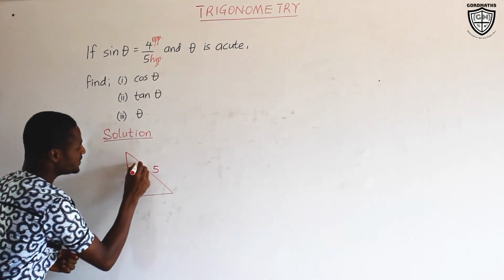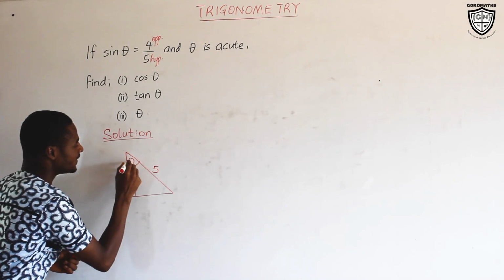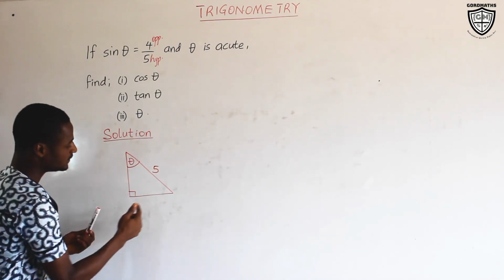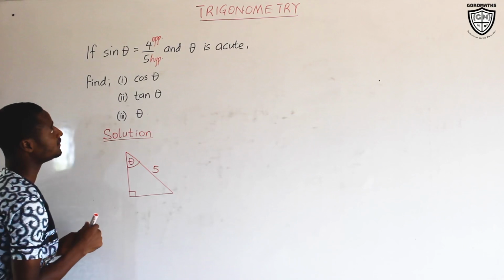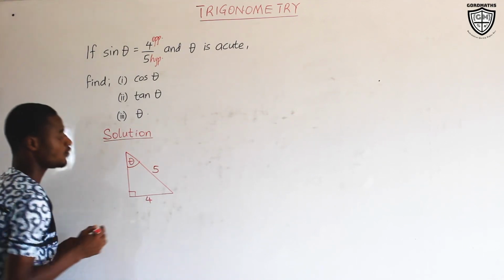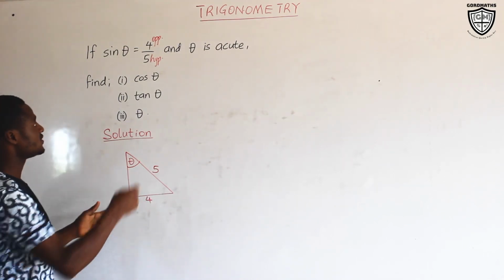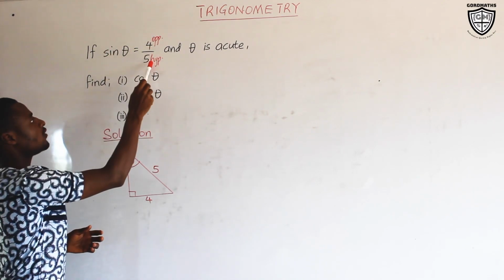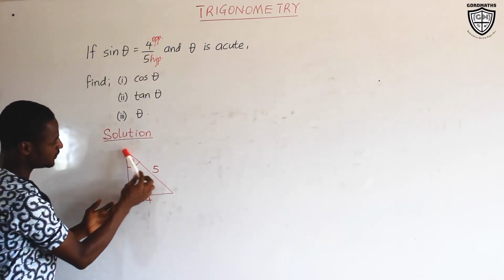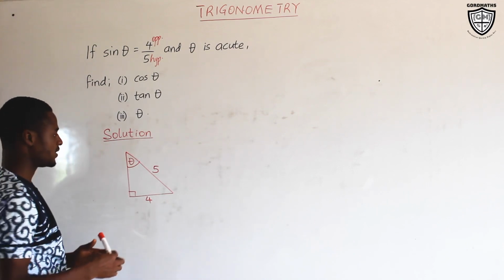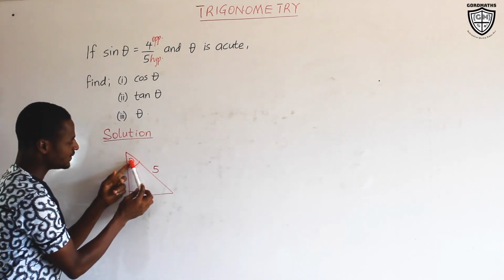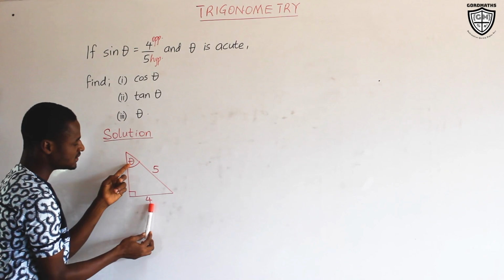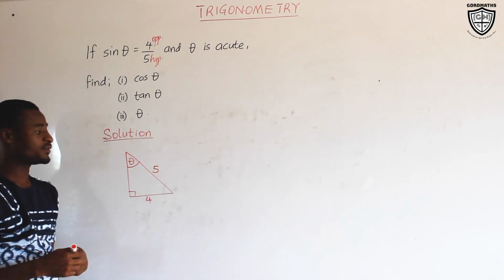Now, if we represent this angle by theta, then the opposite to this angle is 4. So from this statement, sine theta is equal to 4 on 5, we can obtain this diagram where sine theta is equal to the opposite divided by the hypotenuse.